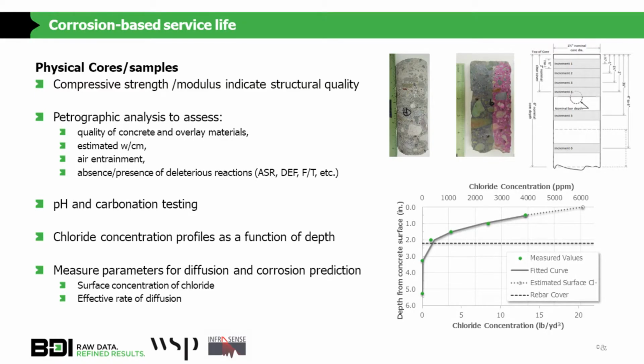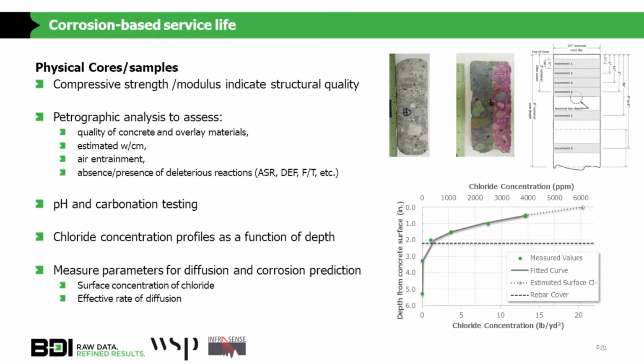In this case, we use half-inch increments that are strategically layered to understand the chloride ingress, and then after we test for the chloride concentrations, we plot those into the profile in the lower right corner. And so that gives us an understanding of the chloride distribution into the concrete from the surface in the area where the cores were taken.